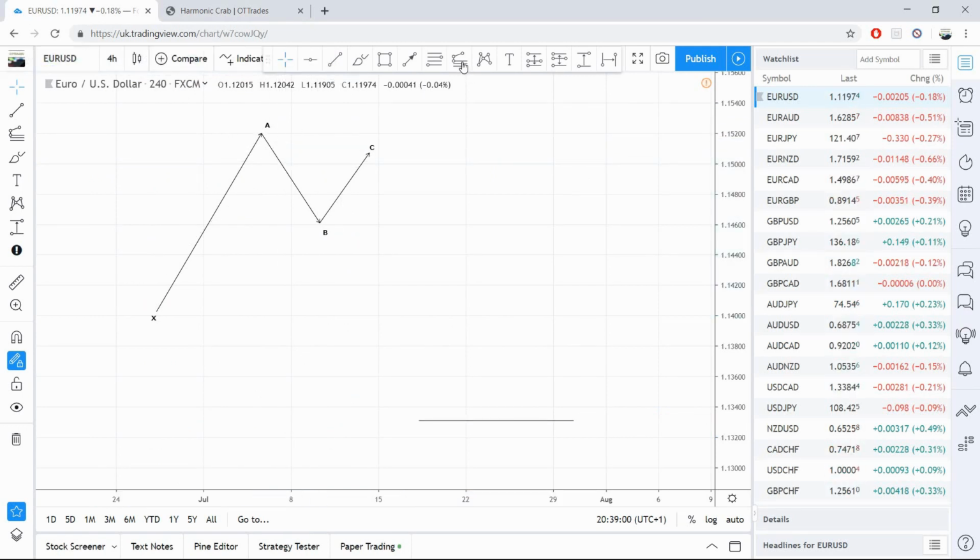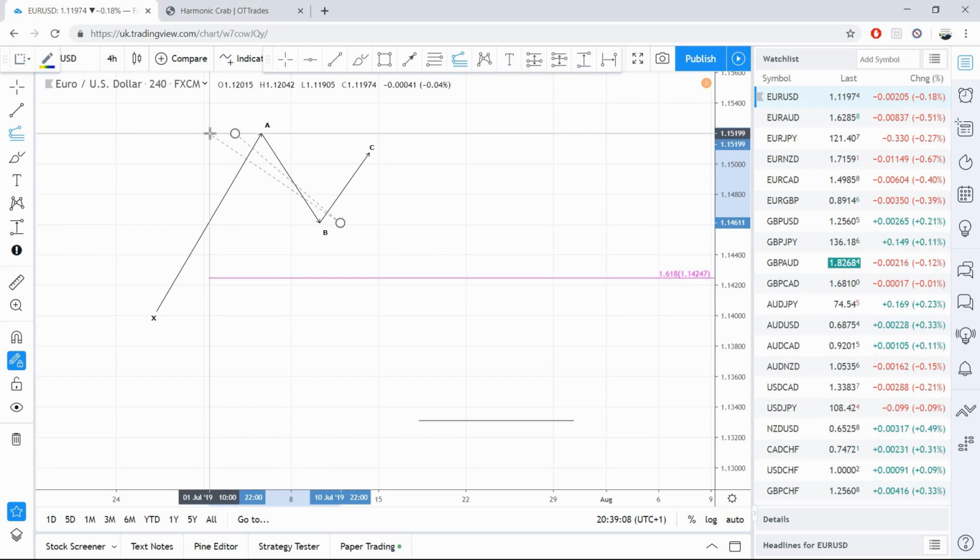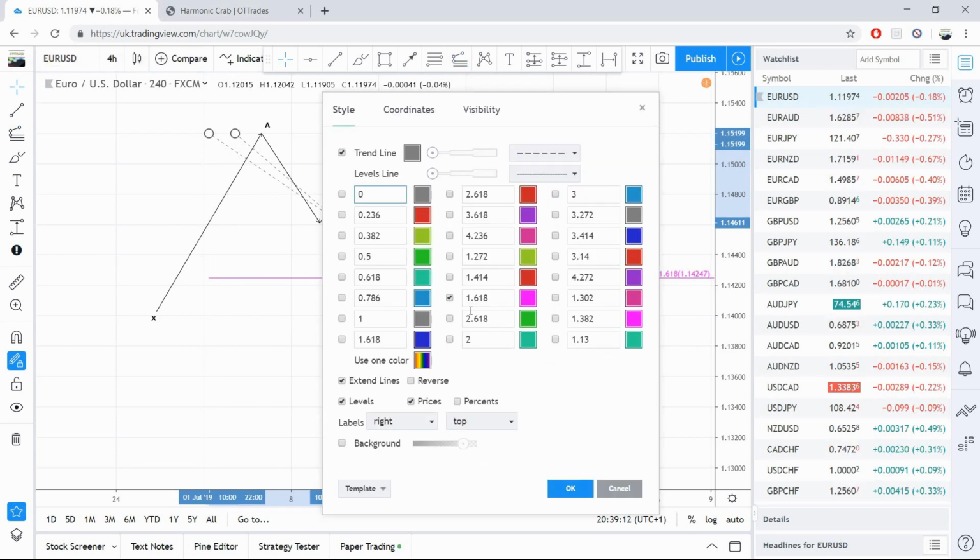So if we do the A to B extension, and then it was a 224% move. So which one am I going to alter? Let's do this. 224% move, get rid of that 1618.